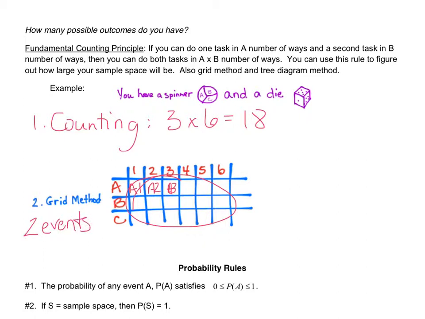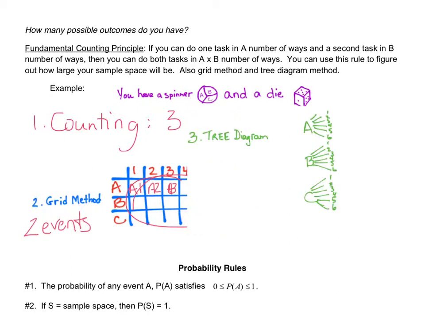If you want to use more than 2 events, you might want to do a tree diagram. In a tree diagram, you start with one event, and then you branch out from that for all the second events. So here you can see if we combine A with all of these, it would give us our A1, A2, A3, and so forth. And we can see here we have our 18 possible outcomes.